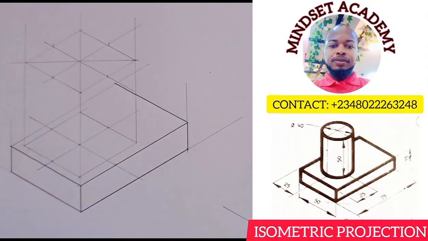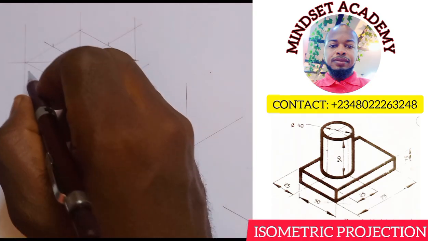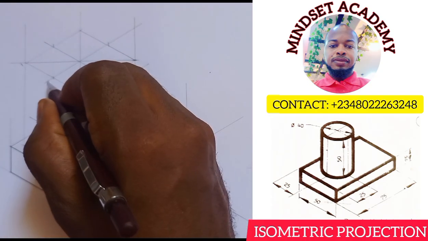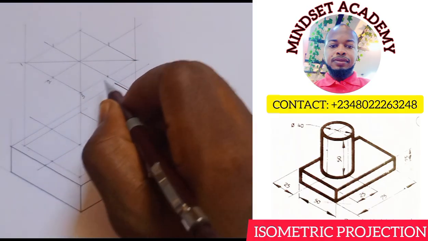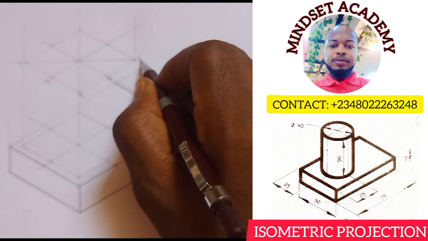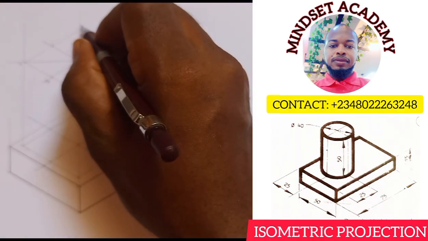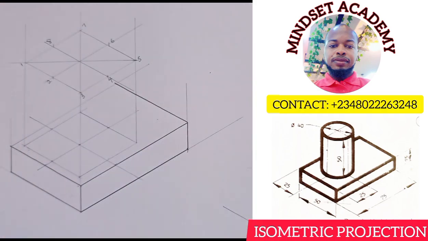Let me help. Let's assume we want to draw an isometric circle, which is an ellipse, right? Let's say this is point 1, here is point 2, here is point 3, 4, 5, 6, 7, and 8. And I want to draw an isometric circle here. Now what you do is you take your compass.